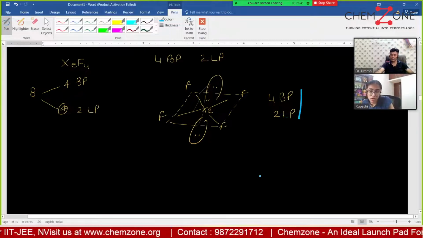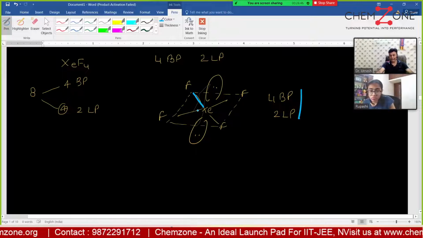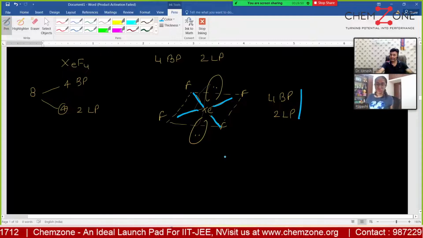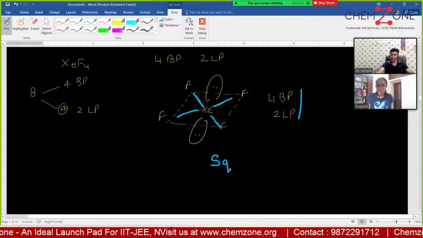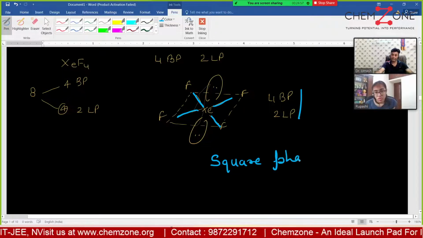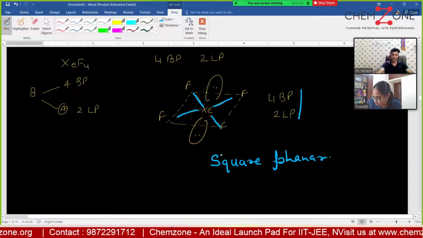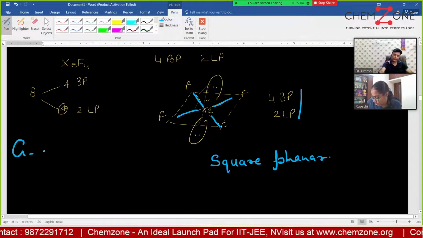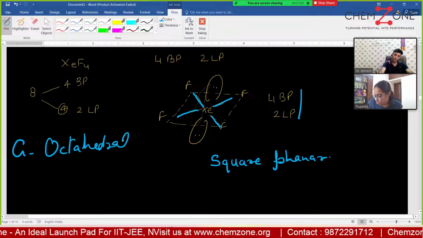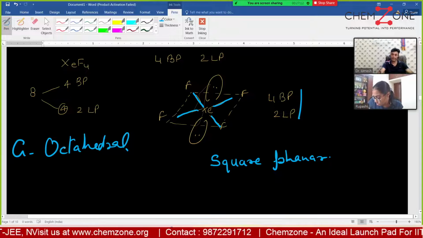The bonds are aligned in one square plane, so the shape is square planar. Geometry is octahedral. Geometry is octahedral. Am I clear?